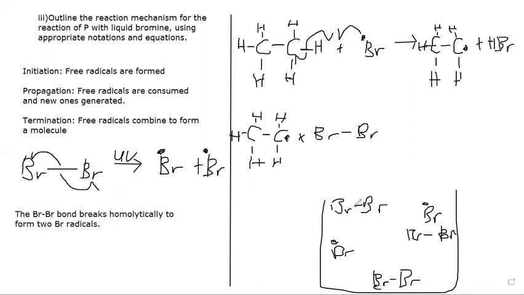So I just put 3 here to let you know that if you were doing the reaction, you would have a lot of bromine molecules, a lot of whichever alkane you're using. So you have a lot of everything, not just a single molecule. Just to clear that up.